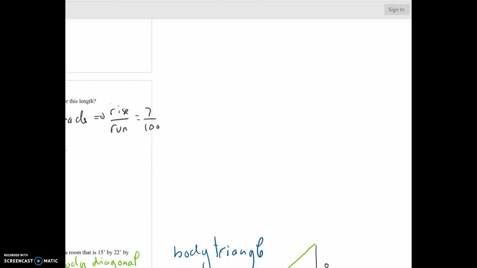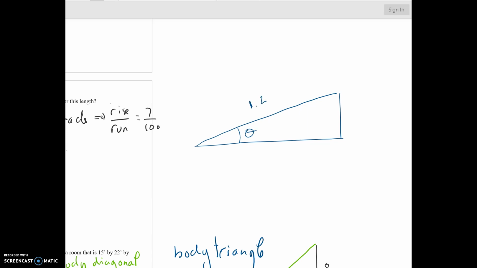But remember, the question is basically how high my road is going when I have a 7% grade, which is referring to the angle theta right here, when my road is 1.2 miles, and what I'm looking for is h.